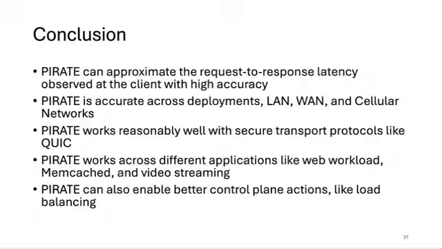Yeah, so the main thing is that even the middle box doesn't see the response. So if the server is loaded and it is not able to respond, it is visible on the client as higher response latencies.